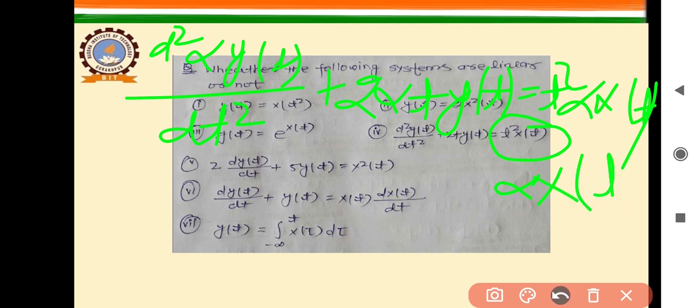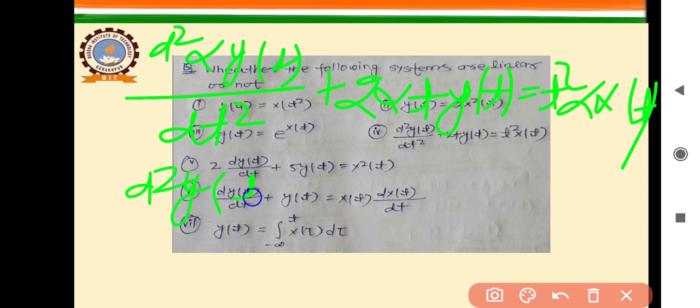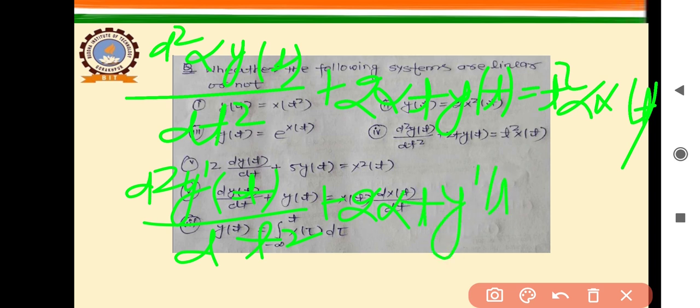So I will get d2 y dash (t) by dt square plus 2t alpha y dash (t), suppose this is y dash (t), is equal to t square alpha x(t). In both the cases, result is same here.